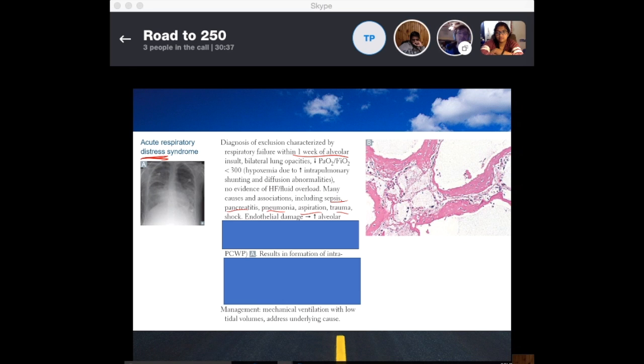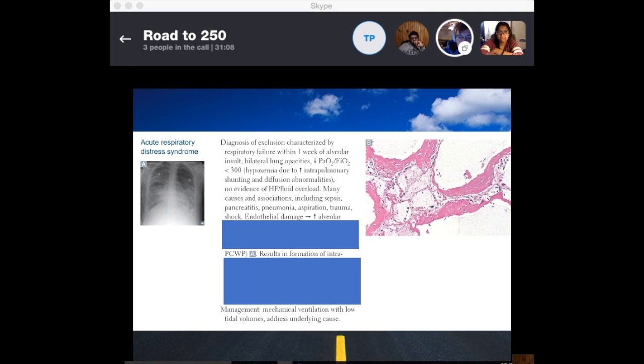Okay, so what is the mechanism? We're starting off with endothelial damage, and what happens from there? Capillaries become permeable, and then proteins leak out. Right, so we have increased alveolar permeability and proteins leak out, but what causes the alveolar walls to rupture?